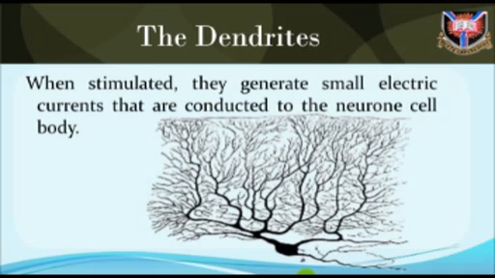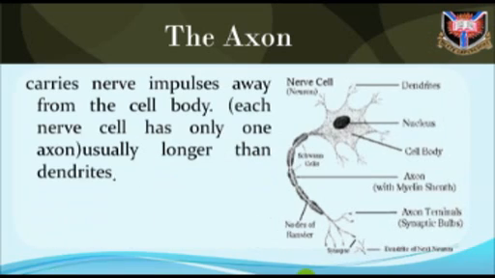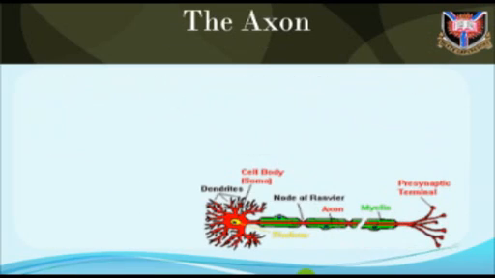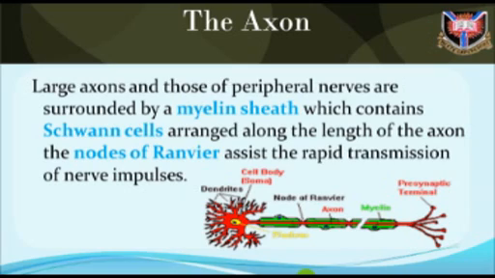Each nerve cell has only one axon. The axon carries nerve impulses away from the cell body. Axons are usually longer than dendrites, sometimes as long as 100 centimeters. Large axons and those of peripheral nerves are surrounded by a myelin sheath, which contains Schwann cells arranged along the length of the axon.